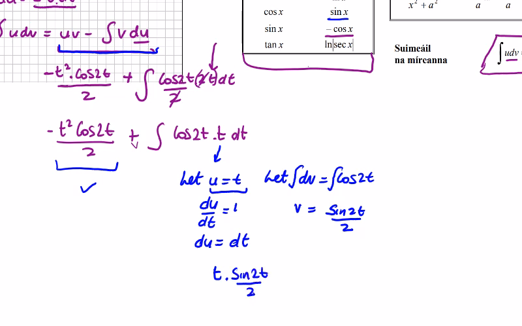And then we're going to have minus the integral of v, which is sine 2t over 2, du, which is now just dt.